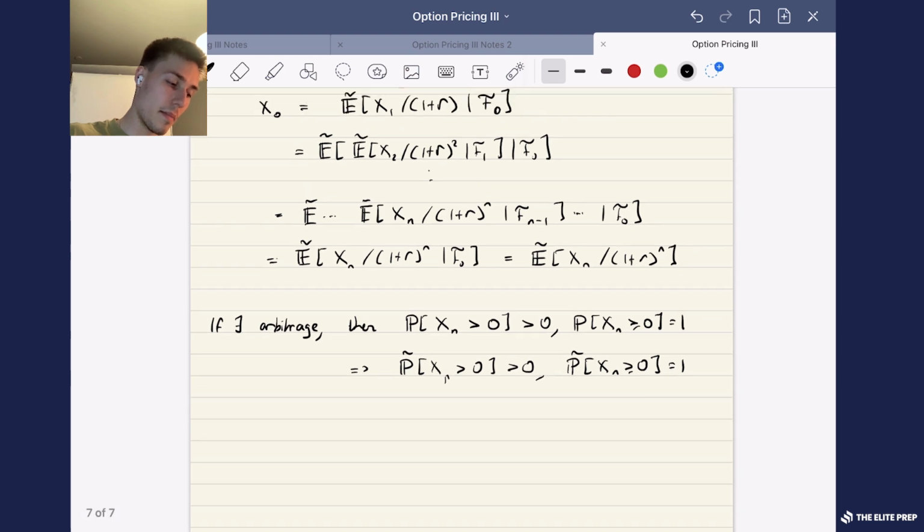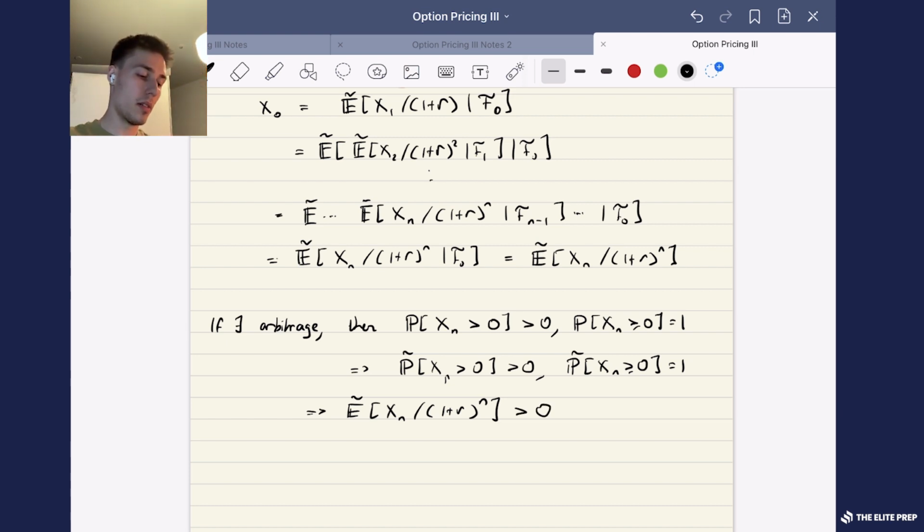And then that means that the expected value under the risk-neutral measure of xn over 1 plus r to the n must be strictly greater than 0.